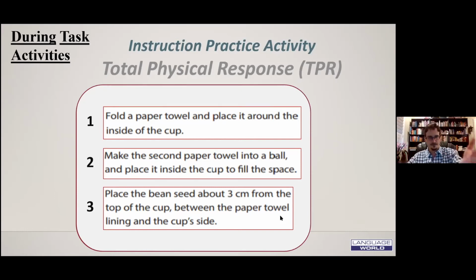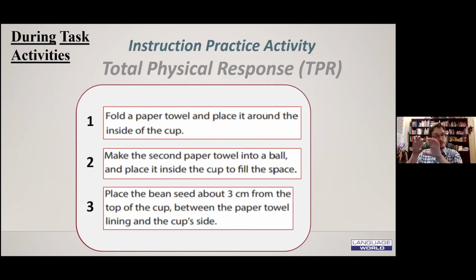For instance, number 1, fold the paper towel and place it around the inside of the cup. Number 2, make the second paper towel into a ball and place it inside the cup to fill the space. Number 3, place the bean seed about 3 centimeters from the top of the cup between the paper towel lining and the cup's inside.